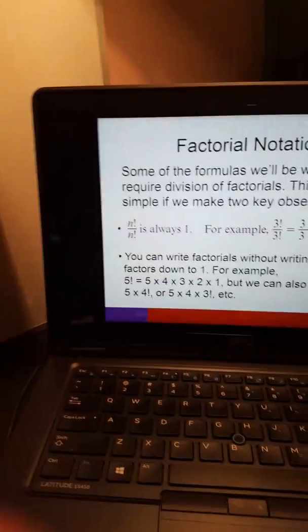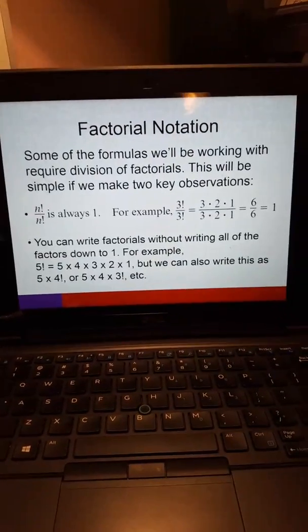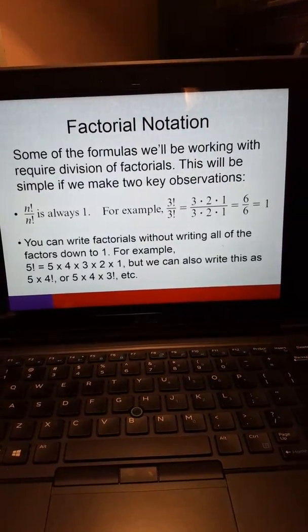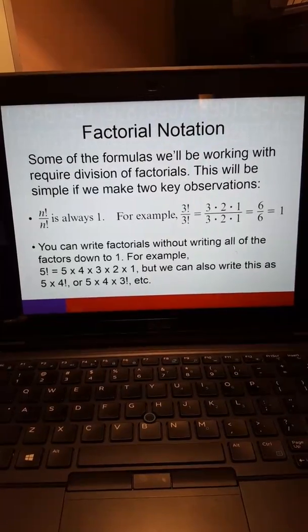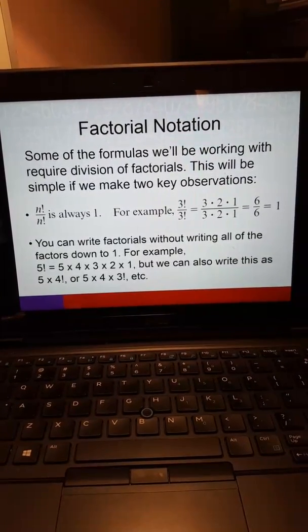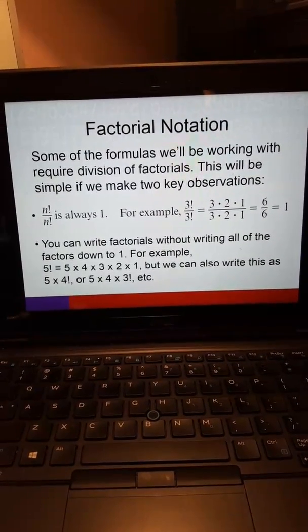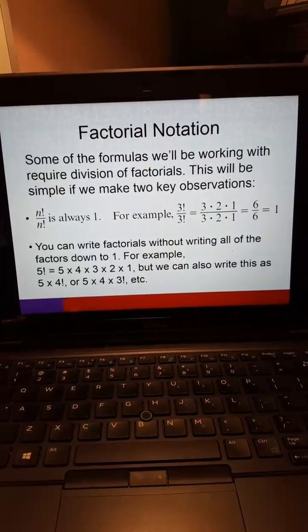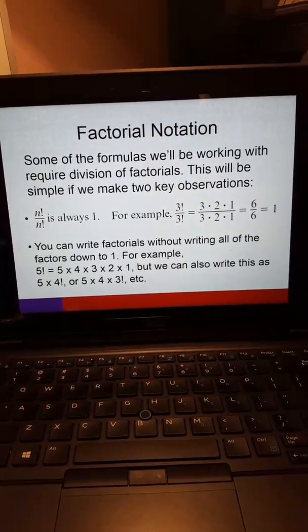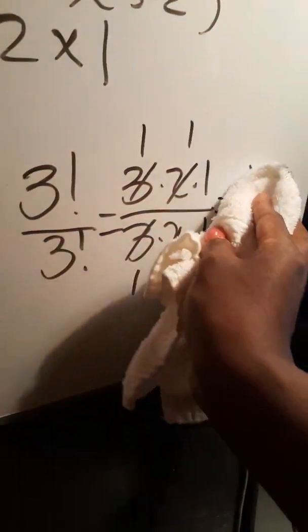The reason that it can be shortened like that is that when working with the division of factorials, if your denominator has the highest number that it has in common with your numerator, you can stop at that number. So I'm going to show you an example because I know that may sound kind of weird without seeing it.